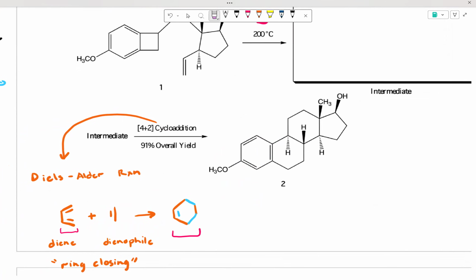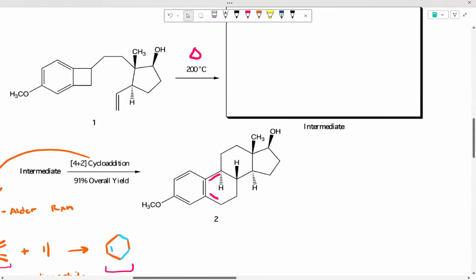What I'm trying to say is that in our intermediate, the diene has this characteristic with the 2 pi bonds on this side for the diene part of the Diels-Alder reaction.